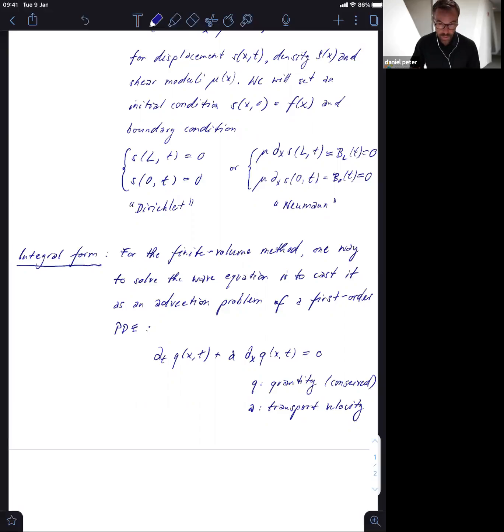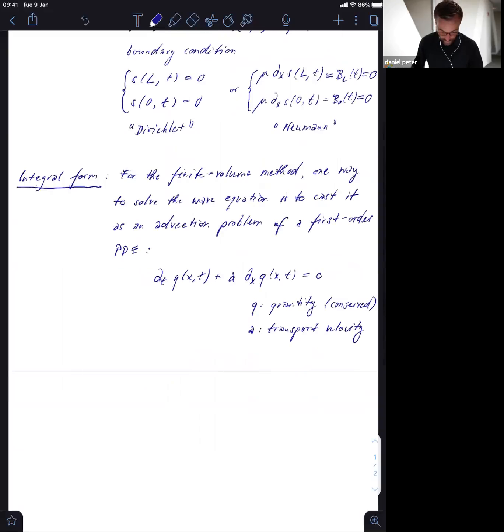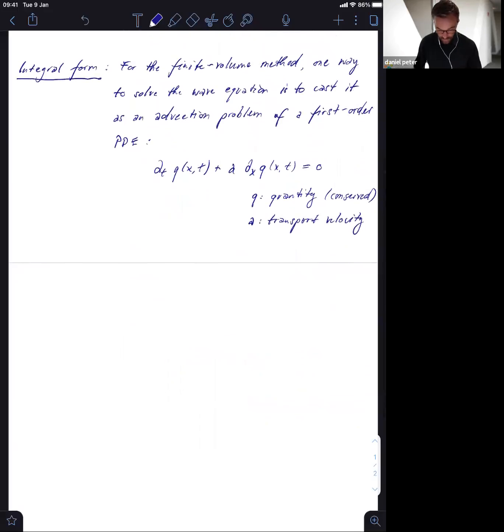So let's quickly write down the wave equation in a form which resembles this advection problem. You saw that before.